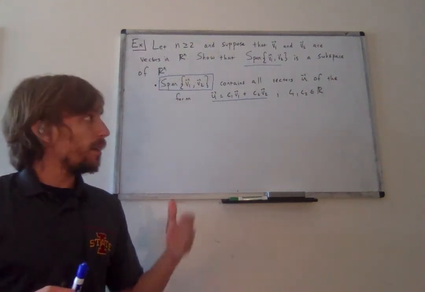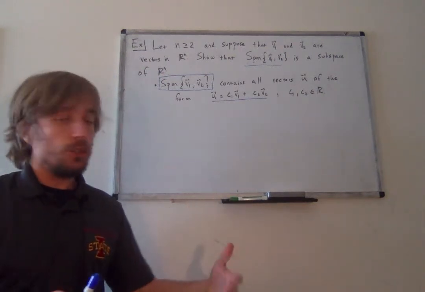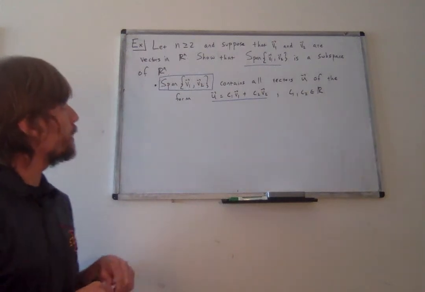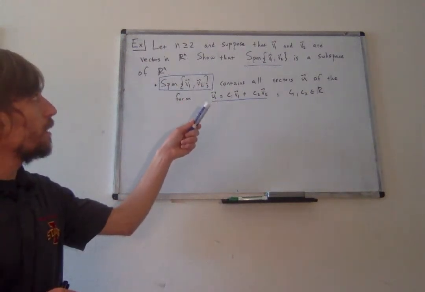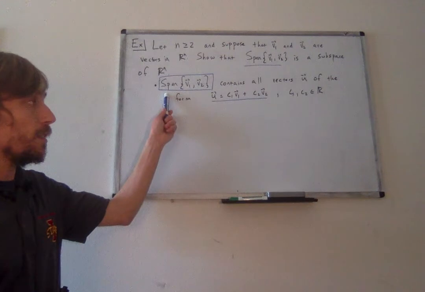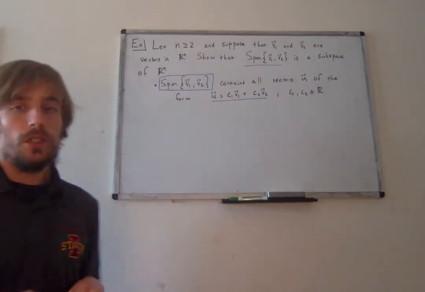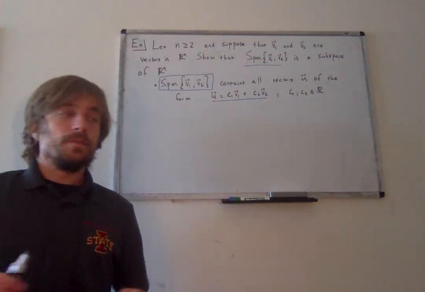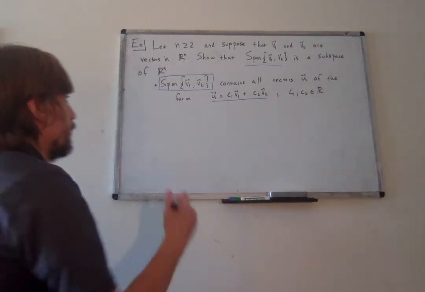So because of that, and because we know Rn is a vector space, we only need to verify the 3 properties of being a subspace. Of course, to show that this is a vector space itself, but we'll also show that this is a subspace of Rn by doing that. So 3 things we need to check.